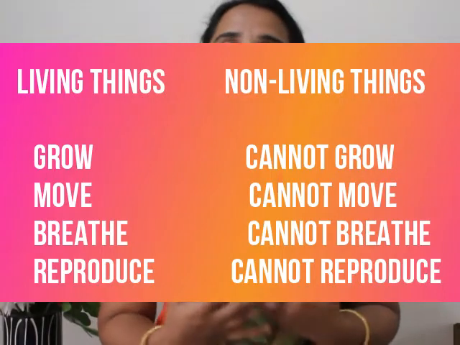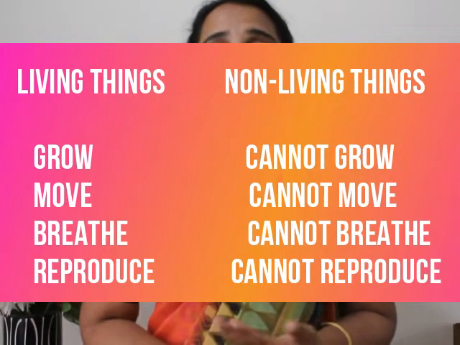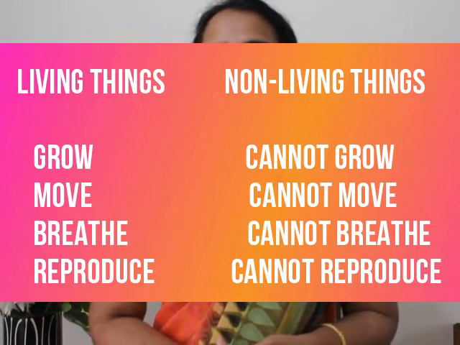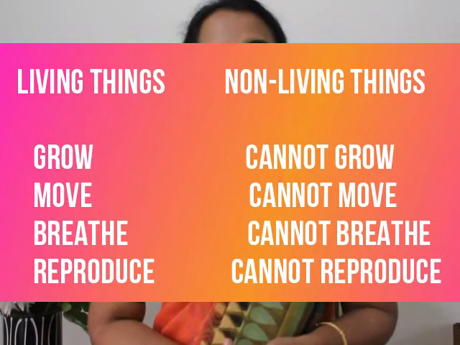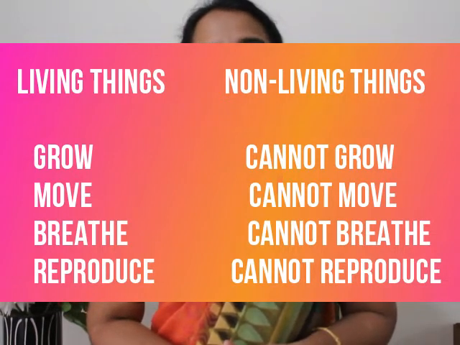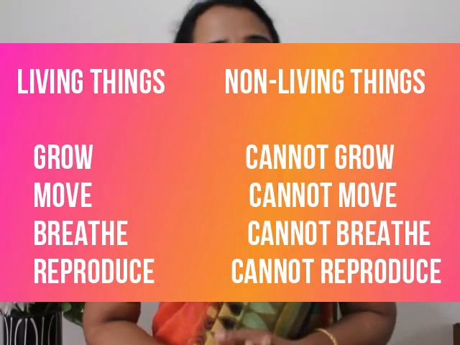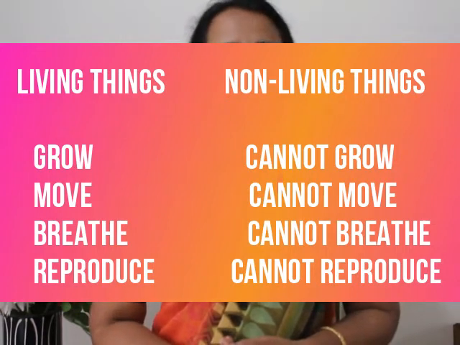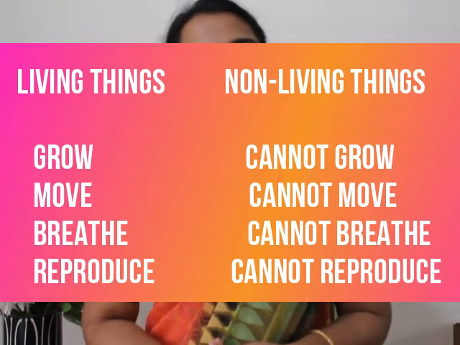Non-living things cannot grow. Living things move. Non-living things cannot move. Living things breathe. Non-living things cannot breathe. Living things reproduce their young ones. Non-living things cannot reproduce their young ones.